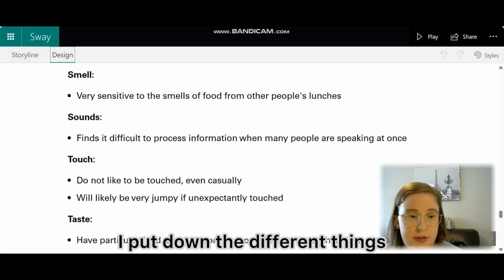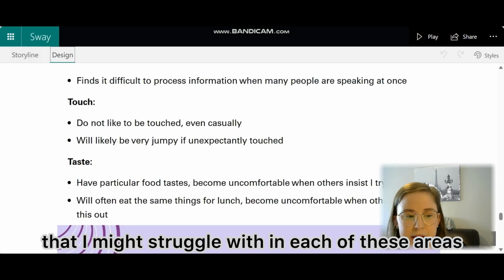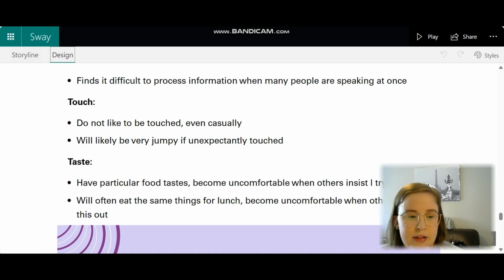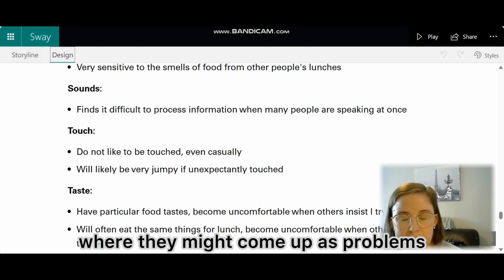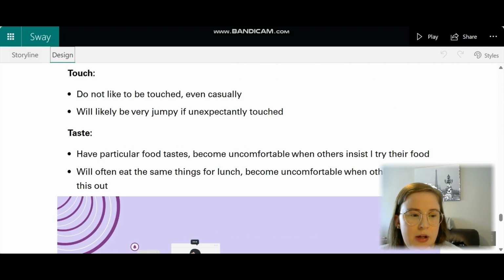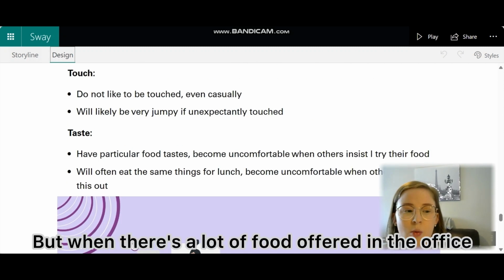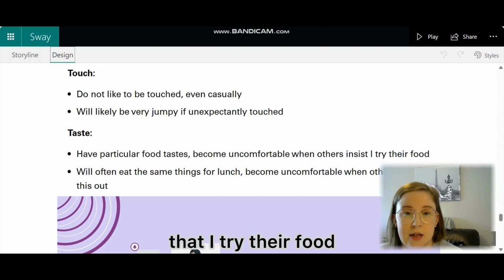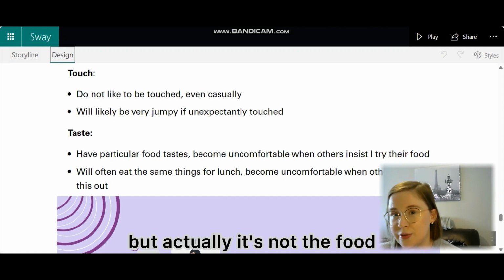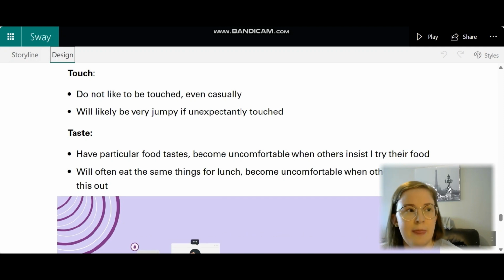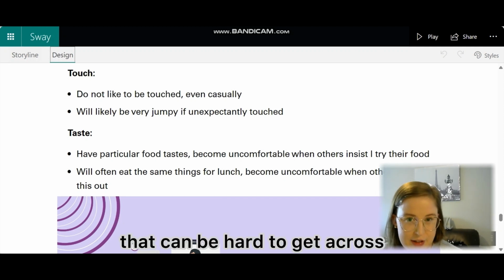I put down the different things that I might struggle with in each of these areas, and where they might come up as problems. For example, taste sounds like it probably shouldn't be an issue, but when there's a lot of food offered in the office and people continuously insist that I try their food, it's actually not the food that's the problem, it's the texture, and that can be hard to get across.